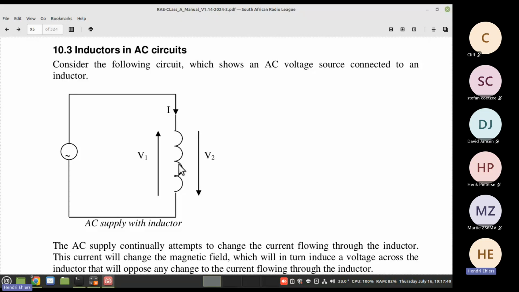Now, like I said, these inductors resist change. And now in an AC circuit, the circuit is changing all the time. So when the voltage goes down, the inductor wants to keep the voltage up because the magnetic field is collapsing.